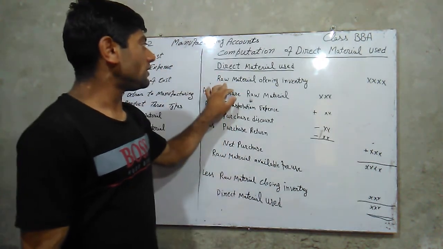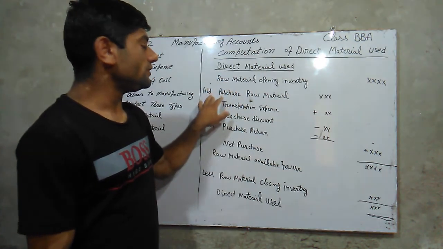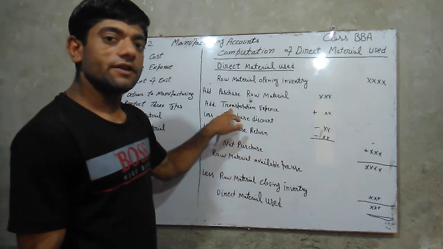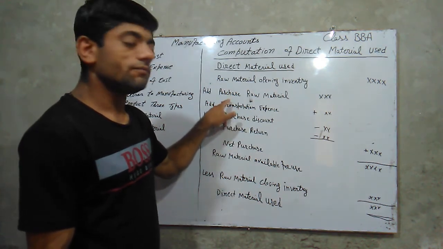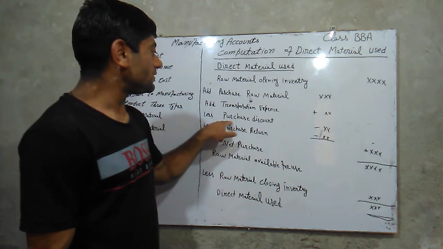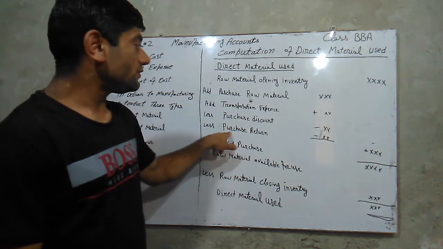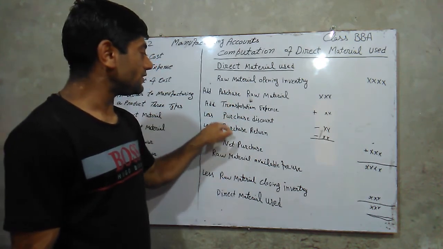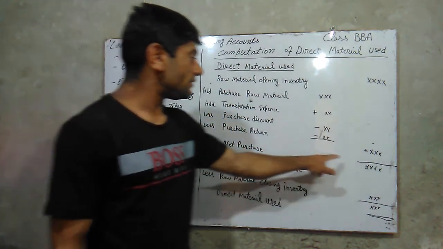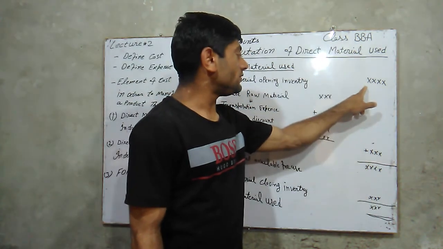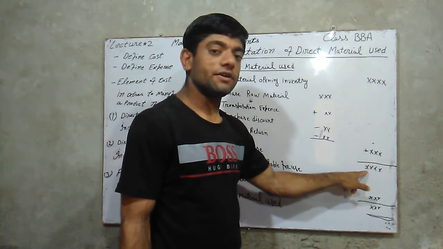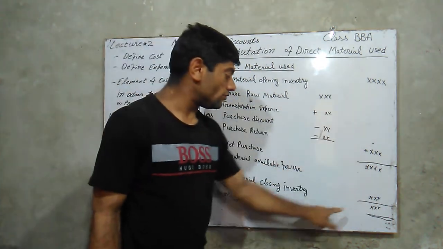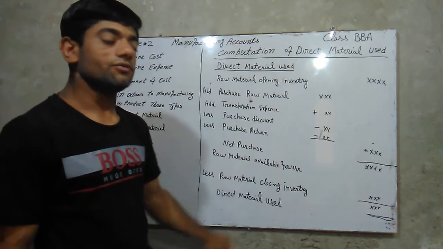First we take raw material opening inventory, then we add purchases of raw material, and add transportation expense, also included in purchases. Then less purchase discount, less purchase return, if any is given, less from purchases. So net purchase added to raw material opening inventory, we find out the material available for use. Then we less raw material closing inventory, so we find out the direct material use.